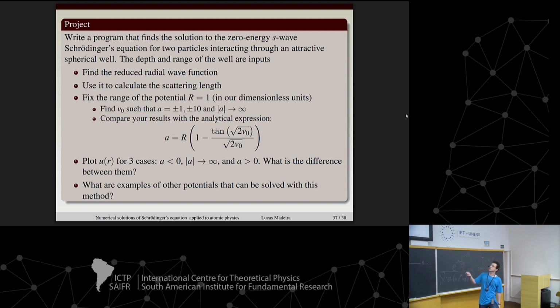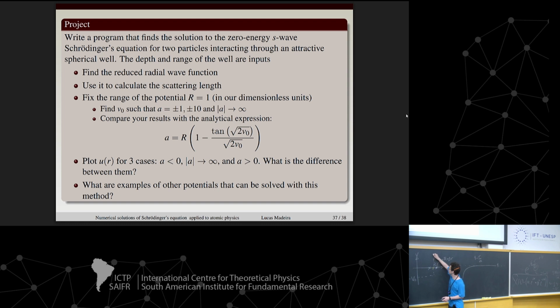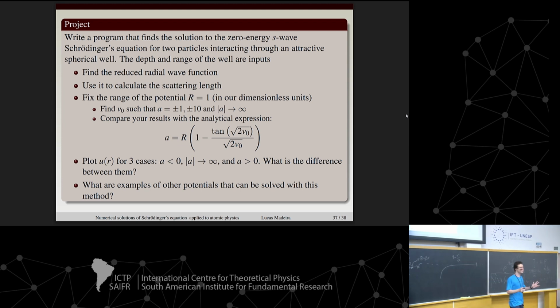My suggestion is work in dimensionless units, as we did in the first project. And in these units, make them so that the range of your potential is fixed at 1. So in your program, you can say that this is r equals 1, okay, in these reduced units, okay?